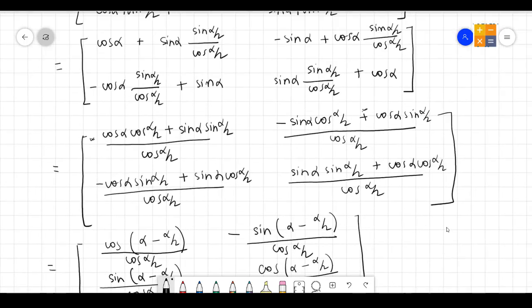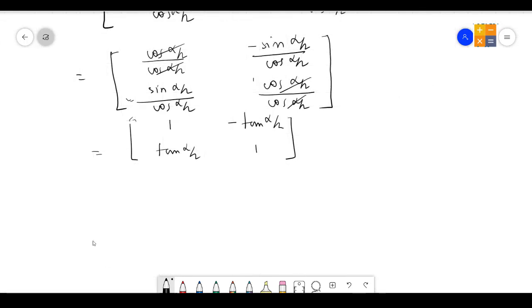Here I get the same answer, means whatever answer I got in the LHS, the same answer I got for RHS also. So we can put here LHS, here we should make the correction.